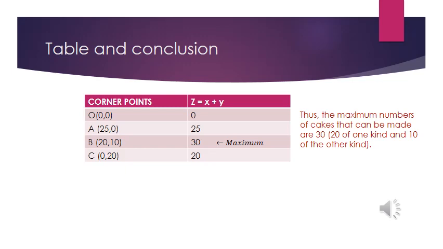Now from the table we can see 30 is the maximum value. Thus we can conclude the maximum number of cakes that can be made are 30. That is 20 of one kind and 10 of the other kind.